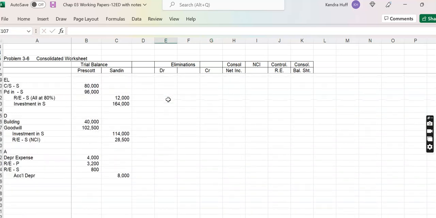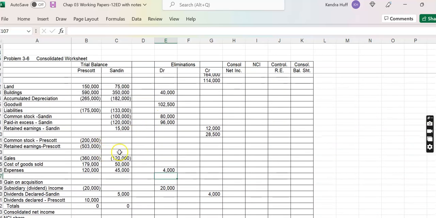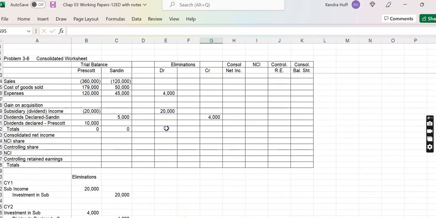It's all right. Parent retained earnings gets 4. Sub gets 8. And accumulated, well, the sub got 800. And accumulated gets 8,000. All right, let's see if I got it.